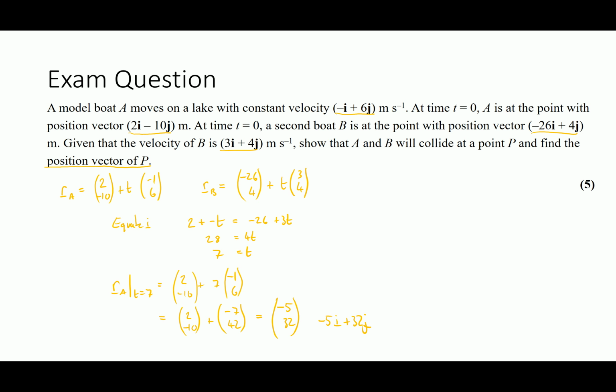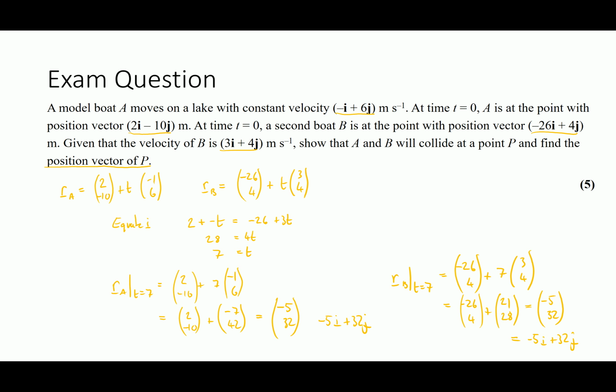Now I haven't shown the collision yet because we don't know where B is, so we better do that now. What position is B in? Again at the same time t is equal to 7. Well, that's going to be negative 26, 4, plus 7 lots of 3, 4, which gives me negative 26, 4, plus 21, 28, which is equal to negative 5, 32, or again in vector form, minus 5i plus 32j.